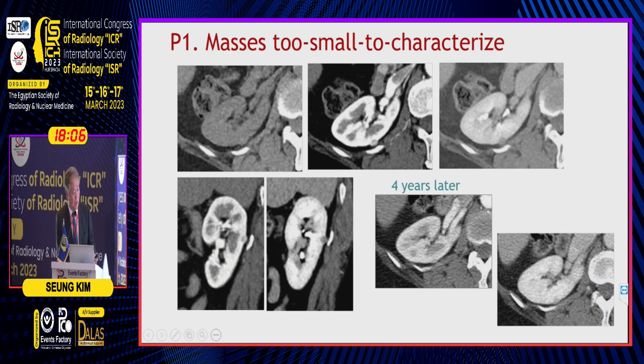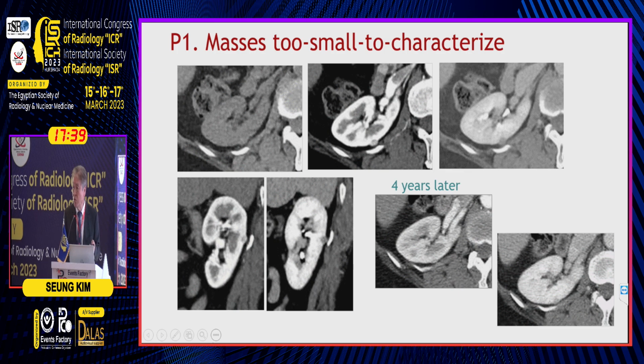So it is not easy to determine whether there is a real enhancement or not. In these coronal images, early phase, late phase, it's also difficult to distinguish between true and pseudo enhancement. So true mass, true tumor, or pseudomass.